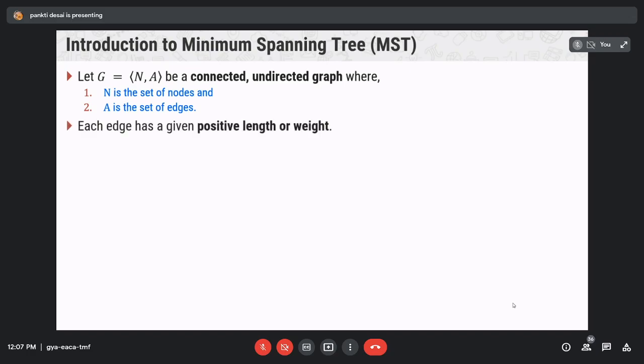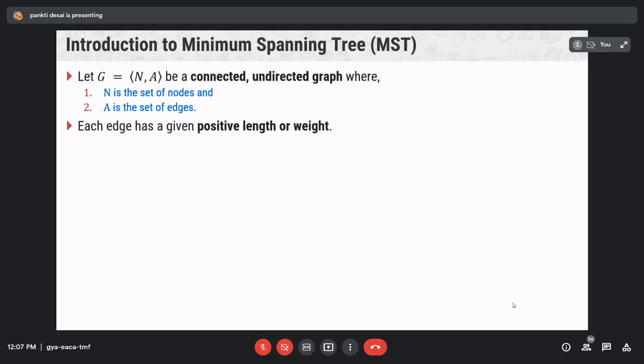Are all of you clear with graph theory? Graph theory is already part of your data structure subject. So all of you are clear with what nodes and edges are? Yes, ma'am. Okay.